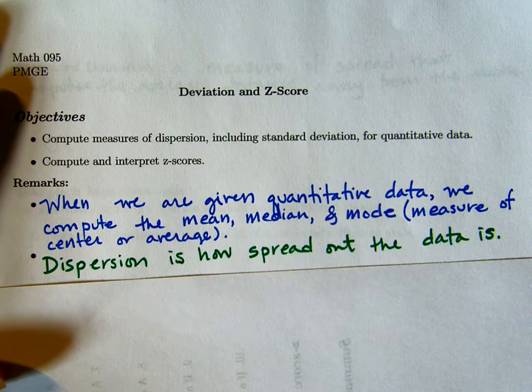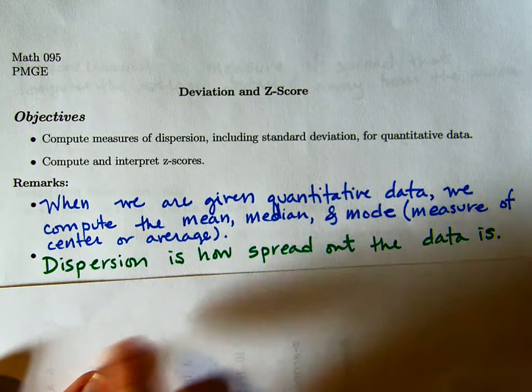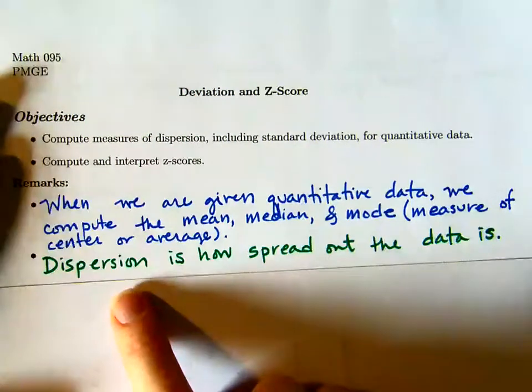If I think about water dispersing, it's spilling and spreading. And when I think about something like molasses and how quickly it disperses, I'm like, oh, well, it takes a long time. So here we're talking about our data.